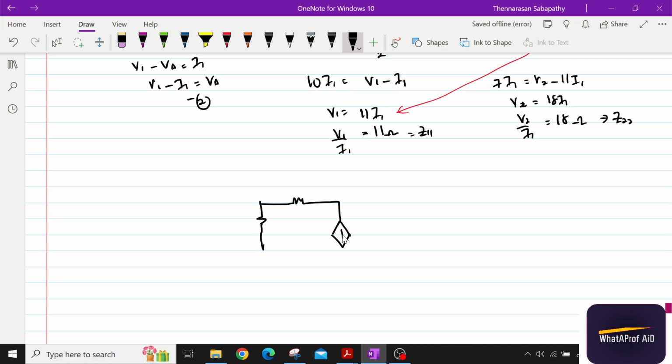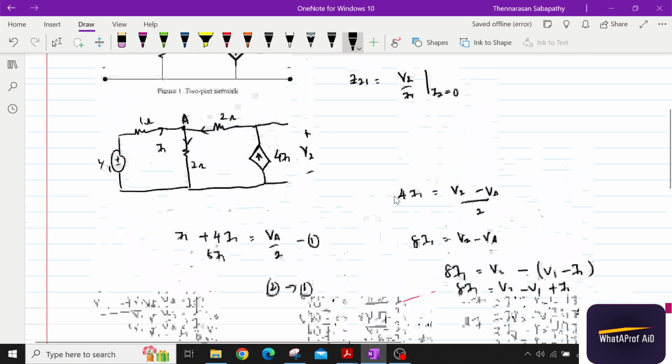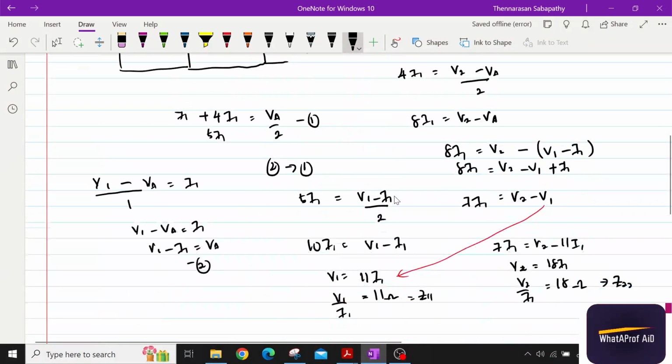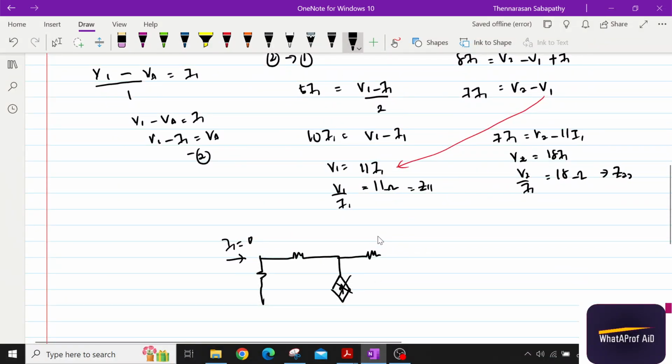You know why? Because I1 equals to 0, right? So this is for I1, this is also 0, and you have a 1 ohm resistor over here, this is 2 ohm, this is 2 ohm, and here you have V2. This one you still have the V1, label the V1.